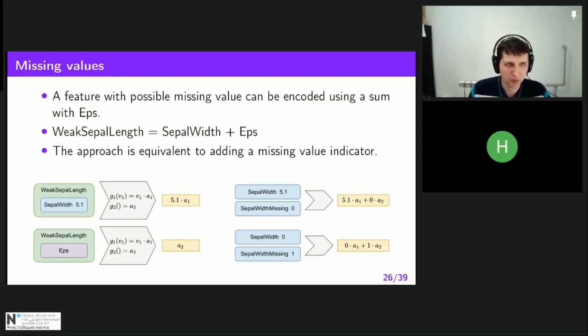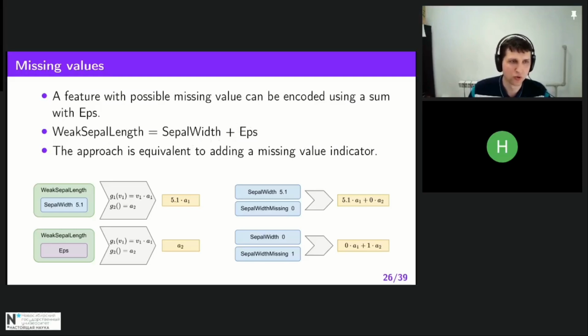Missing values can also be encoded with ADT. For example, in this case, we can say that a weak feature, or a feature that can contain missing values, is a sum of a normal feature and epsilon.